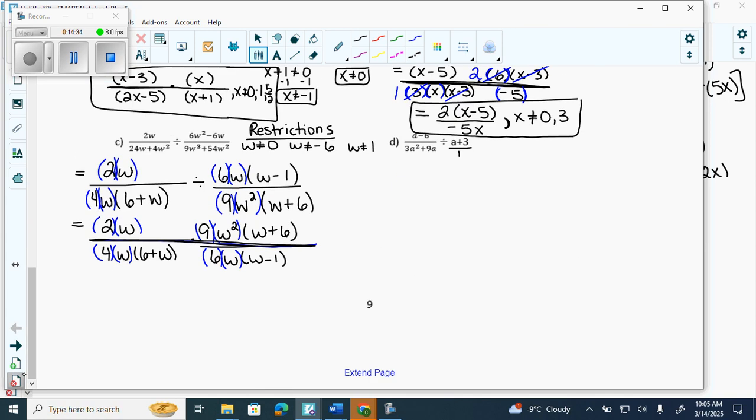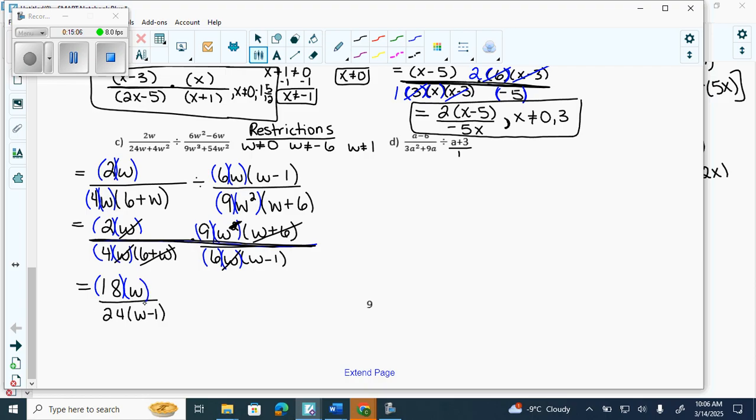So, we say our non-permissible values. The w can cancel off one of these w's. W plus 6 and 6 plus w are gone. Then if you get stuck, say you don't like canceling around, right? I told you, you can take the numbers and put them together. So you can go 2 times 9 is 18, and then w, and then on the bottom, I would get 24 w minus 1.